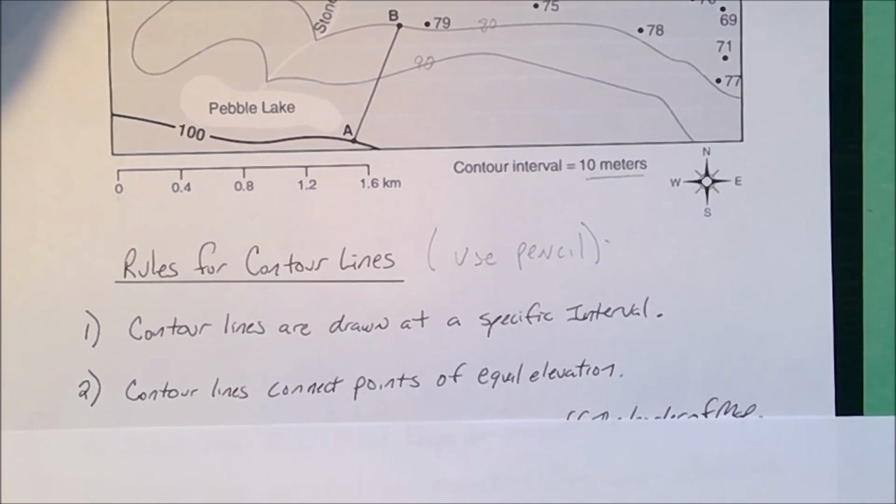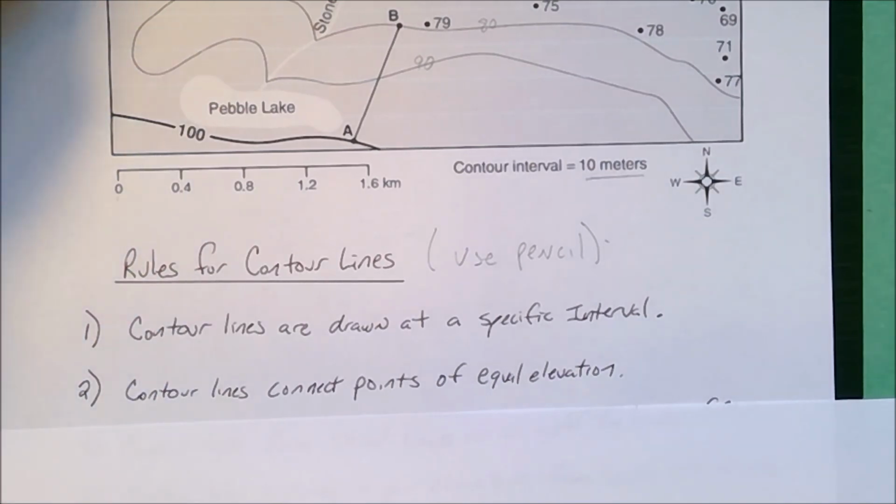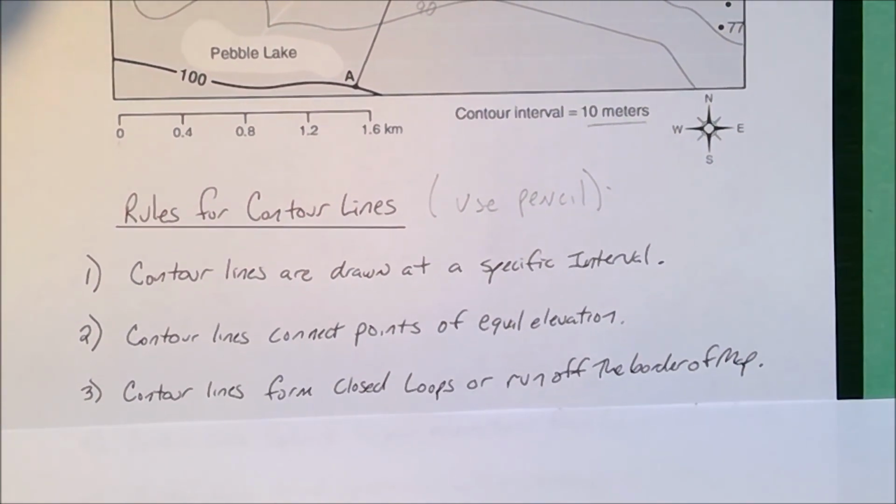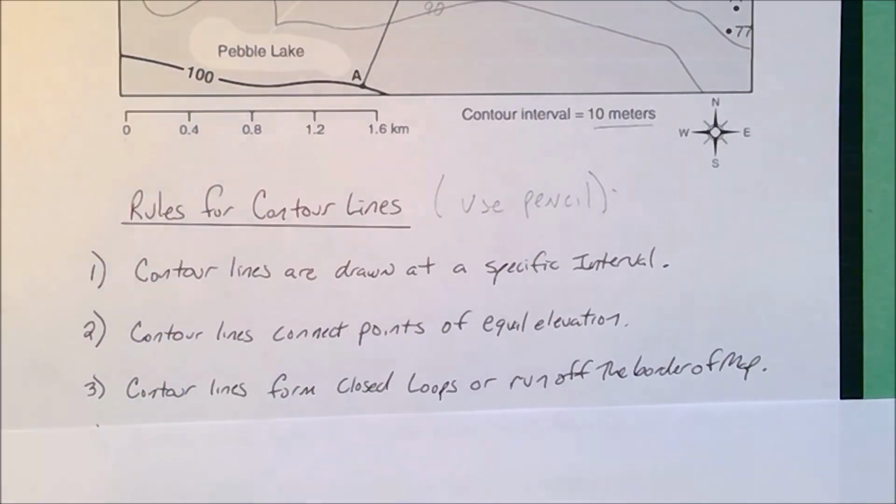Second thing, contour lines always connect points of equal elevation. Contour lines are examples of isolines, but contour lines show a topographic field, and you're going to connect adjacent points of equal elevation. Rule number 3, there are only two things that contour lines can do.